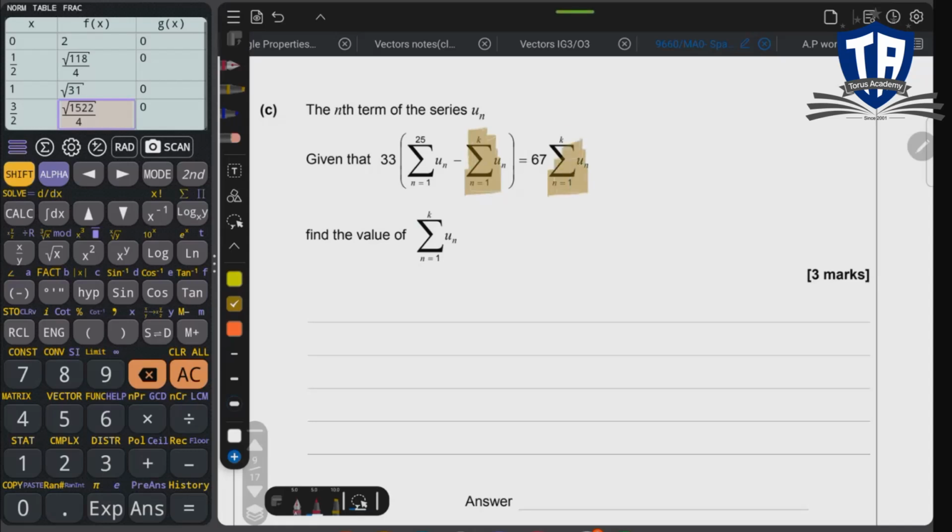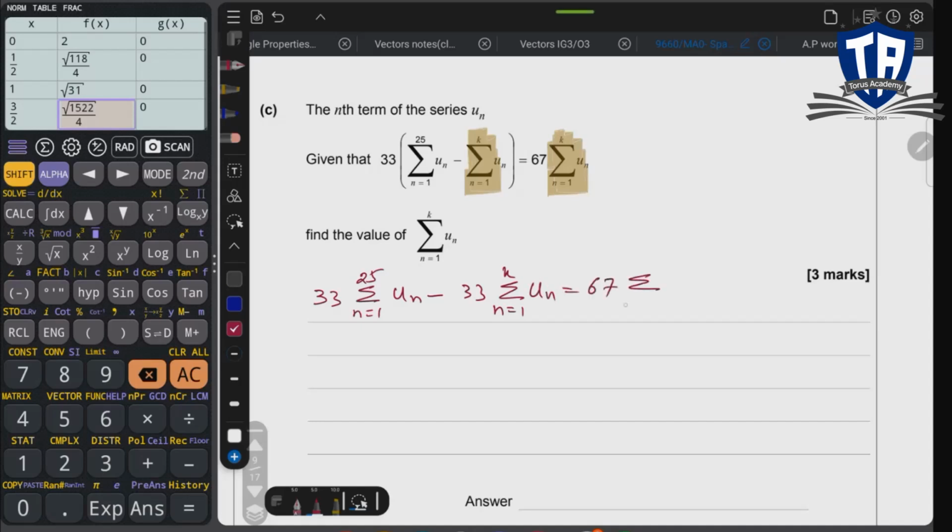The first thing is I'm opening the bracket. Summation where n varies from 1 to 25 of un minus 33 summation where n varies from 1 to k of un is equal to 67 summation where n varies from 1 to k of un.